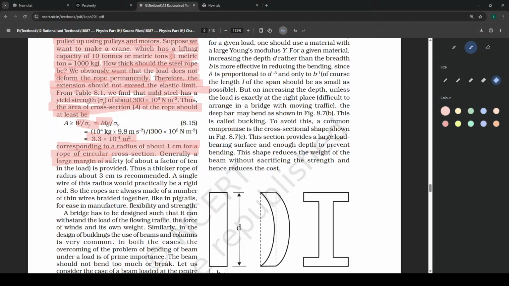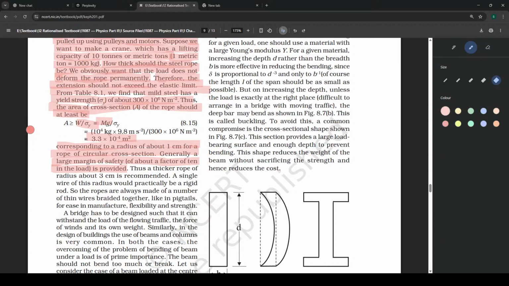Generally, a large margin of safety of about a factor of 10 in the load is provided, even though the crane is only supposed to lift 10 tons. Obviously, we can't use a 1 centimeter radius wire.